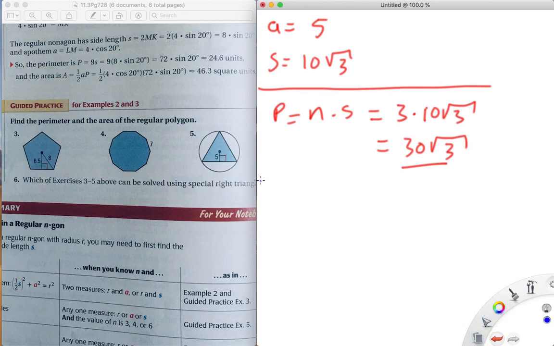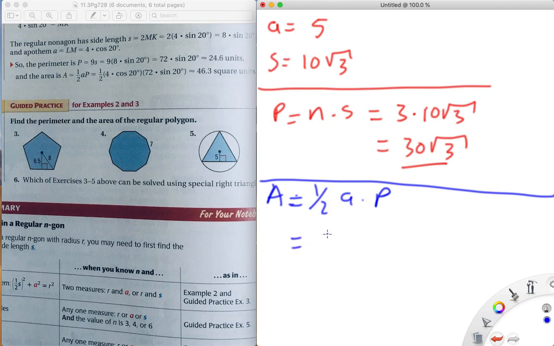And then our area is equal to 1/2 of the apothem times the perimeter, which means that it's 1/2 of 5 times 30 root 3, which is 1/2 of 150, so 75 root 3, which is about 129.9 units squared.